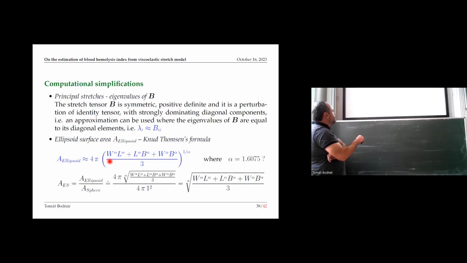So what you can see is that if all these semi-axes are equal to r, for example, like the radius of a sphere, then from this you will get exactly the formula for the surface area of a sphere of radius r, independently of this power alpha that is used in this formula.